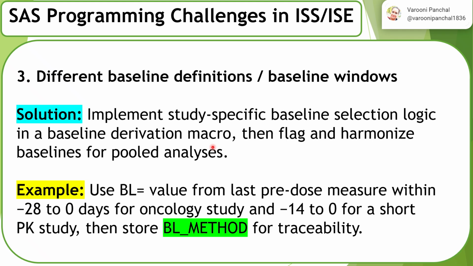You can use those formulas and combine them into one macro. For example, if it is study A, then use this; if it is study B, then use this; if it is study C, then use this. You can write those conditional statements in a specific macro. You can create your own macro so that your life becomes much easier.